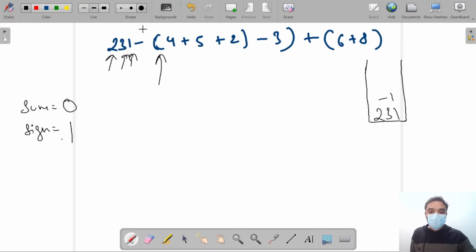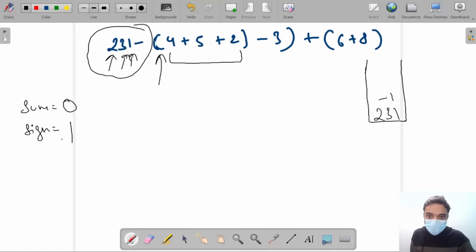Why? Because I have stored this much in my stack, and now I have to calculate within the brackets. If I were to keep updating the same sum, there would be a problem.